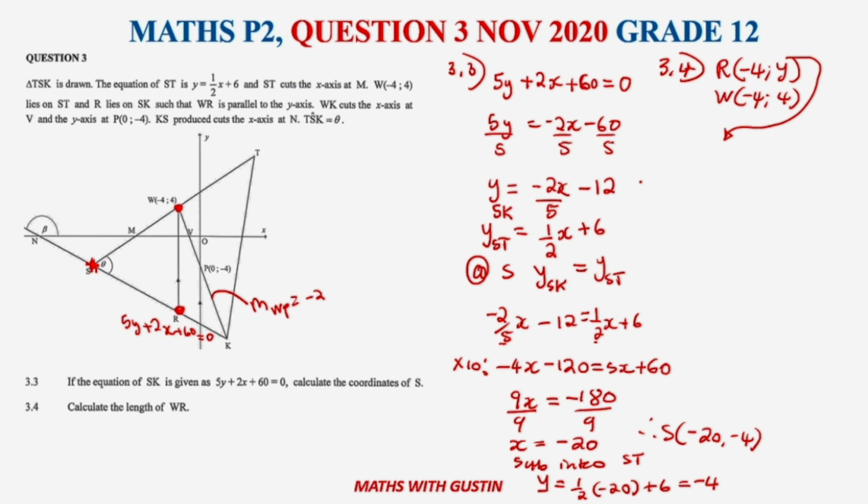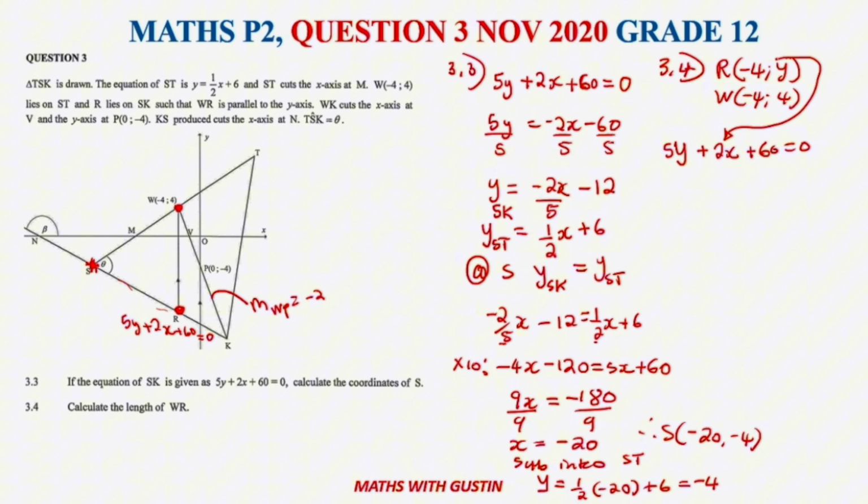How can we get the R value? We can get the R value because we know the equation of this line here. We can substitute this minus 4 to get the y value. All right, I hope you guys understand. Because we've got the equation of SK, which is given by 5y plus 2x plus 60 is equal to 0.